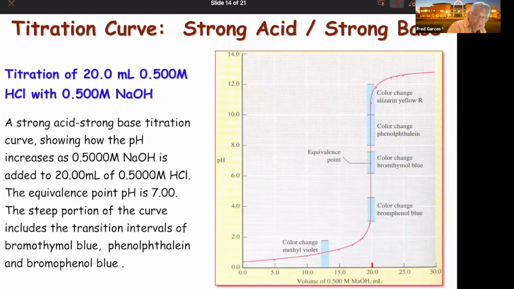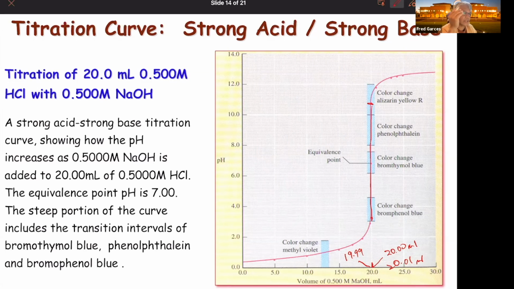When you have, say, 19.99 milliliters to 20 milliliters to 20.01 milliliters, in other words, a 0.01 increment, the pH goes from maybe 3 all the way up to about maybe 11. So what does that mean? It means that it doesn't take a lot of volume to change the pH dramatically.